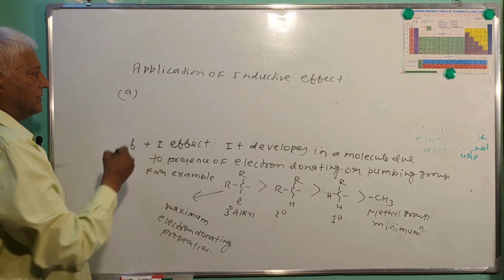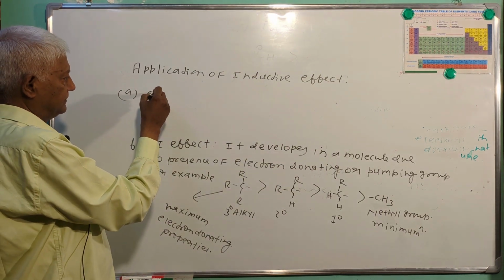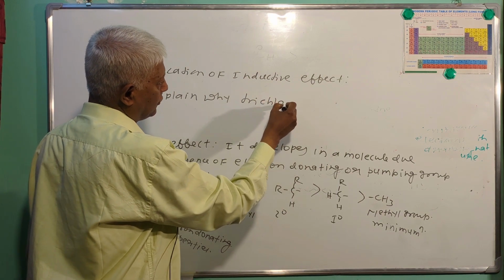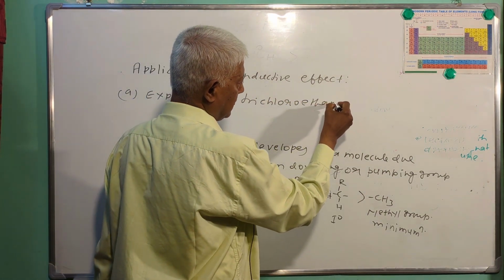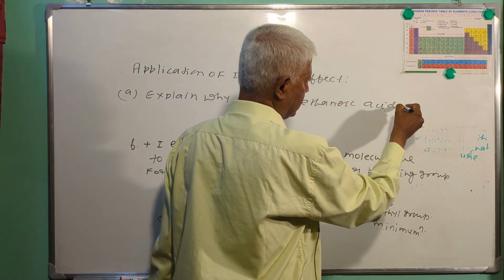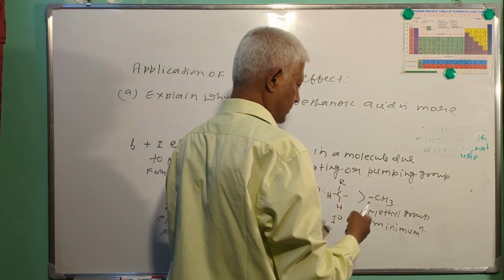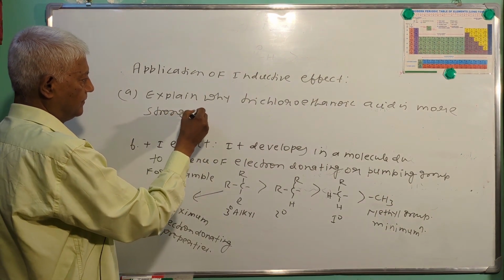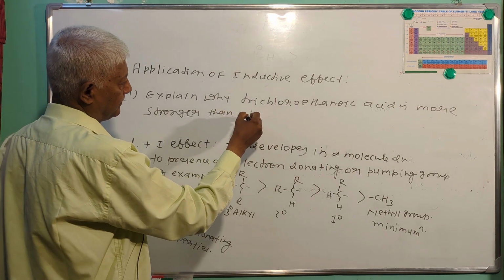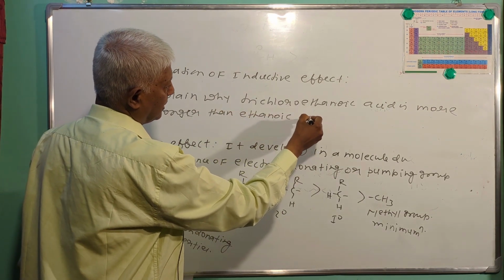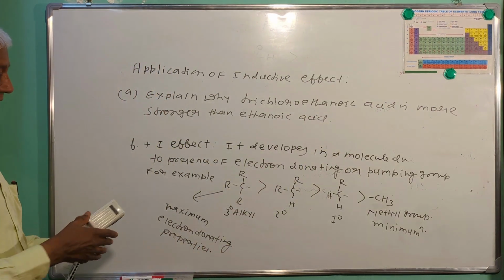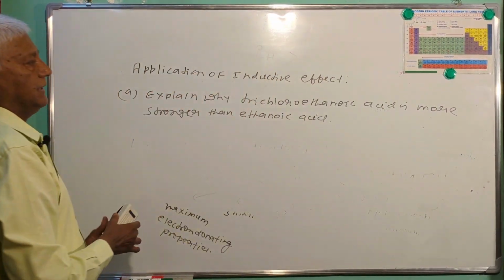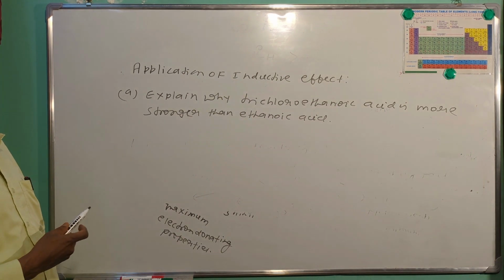Sometimes the question is: explain why trichloroethanoic acid is stronger than ethanoic acid. How can we show this? Trichloroethanoic acid is stronger than ethanoic acid.